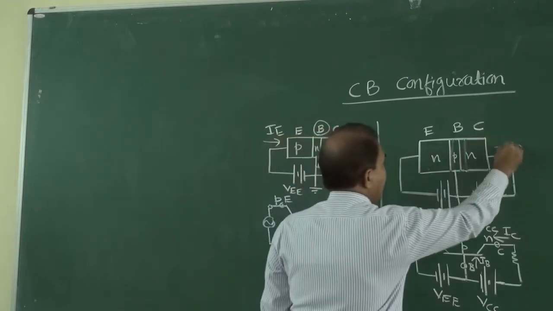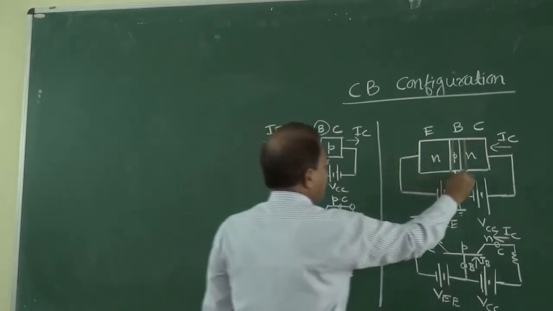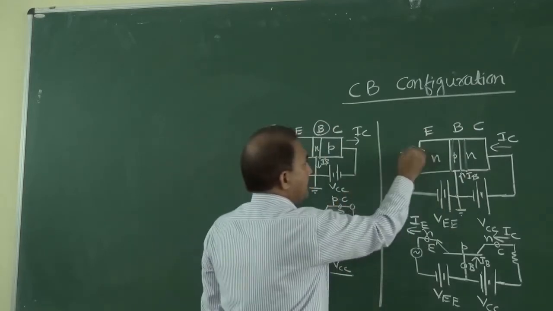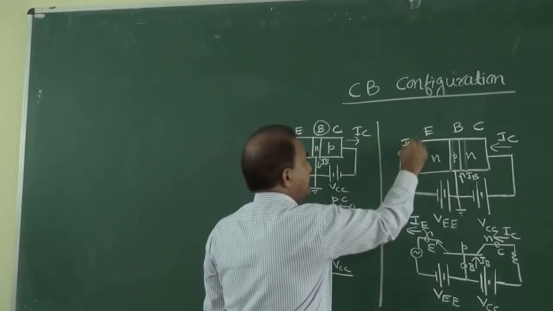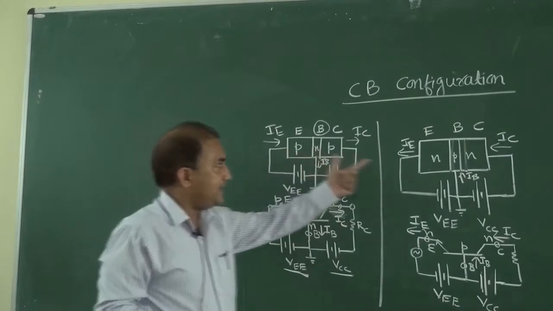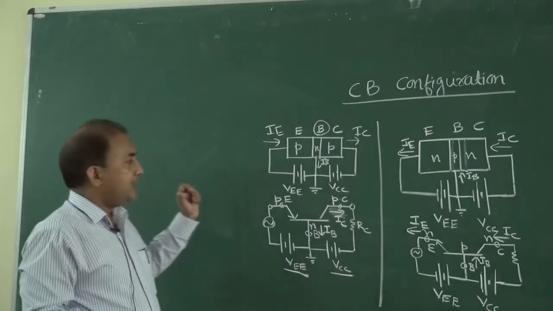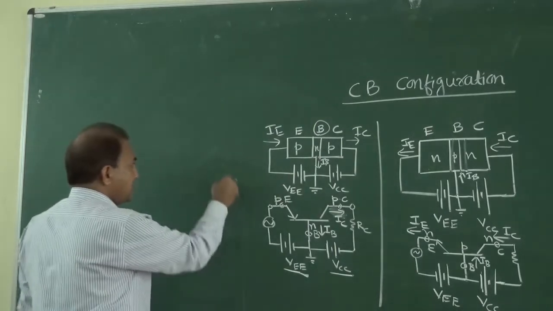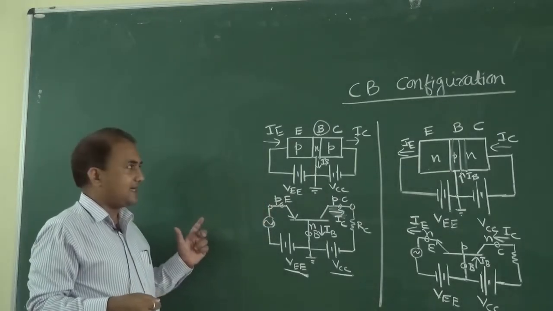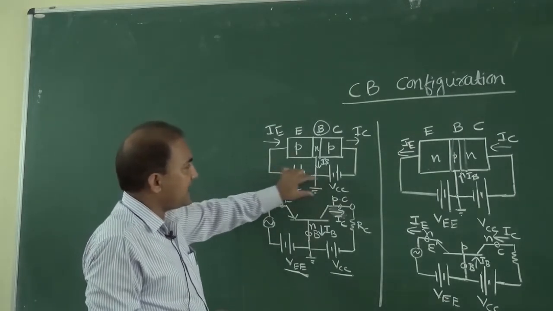So the PNP transistor and the NPN transistor are both in common base configuration. In a common base configuration transistor, we have to study the input characteristic curve and the output characteristic curve, and these are biased by the voltages VEE and VCC.